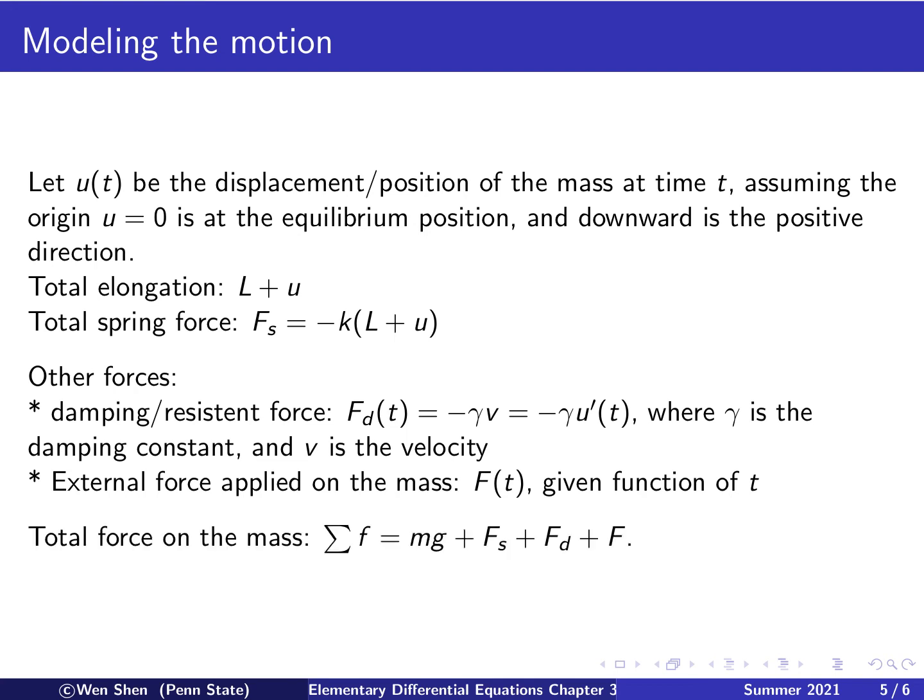Okay, so with all these forces being taken into consideration, we can add up the total force on the mass. The summation of all the forces would be mg, the gravitational force, plus the spring force, where we already take into consideration the negative sign given there, and then the damping force, which we talked about at this step, and then the external force being applied on the mass.